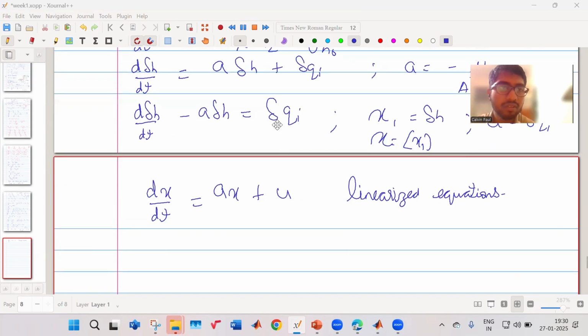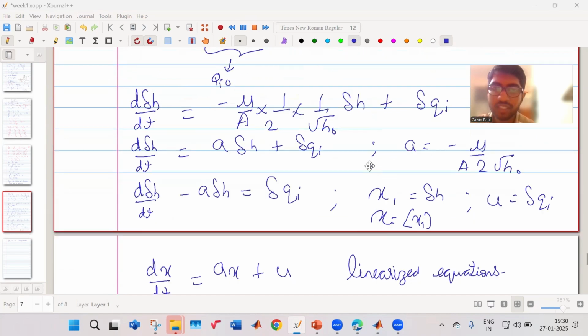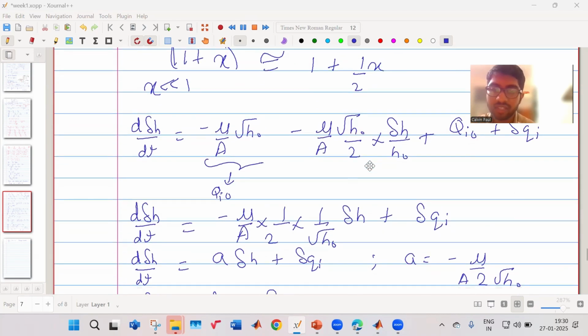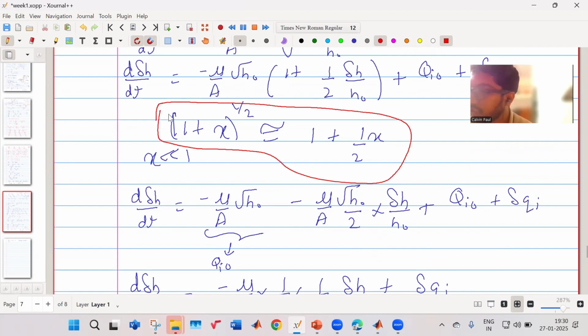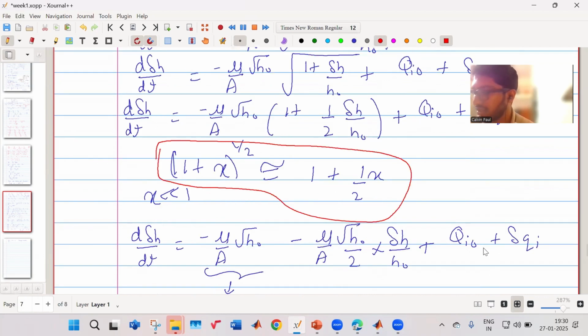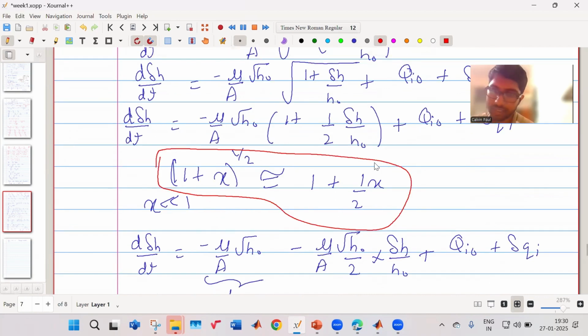Like over here, the main part which I wanted to stress was this one. How is this happening? This approximation has to be used, then only can we linearize, right? Now this is also very important: x should be less than 1. That is why I have divided by h naught.